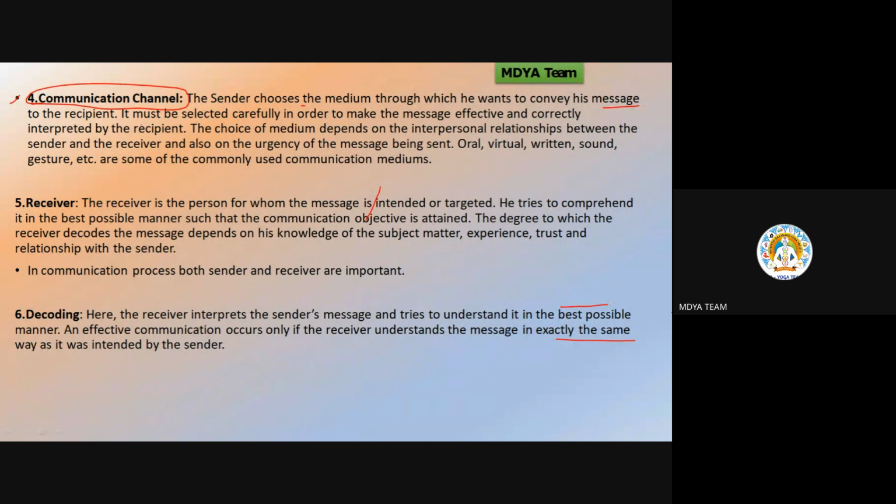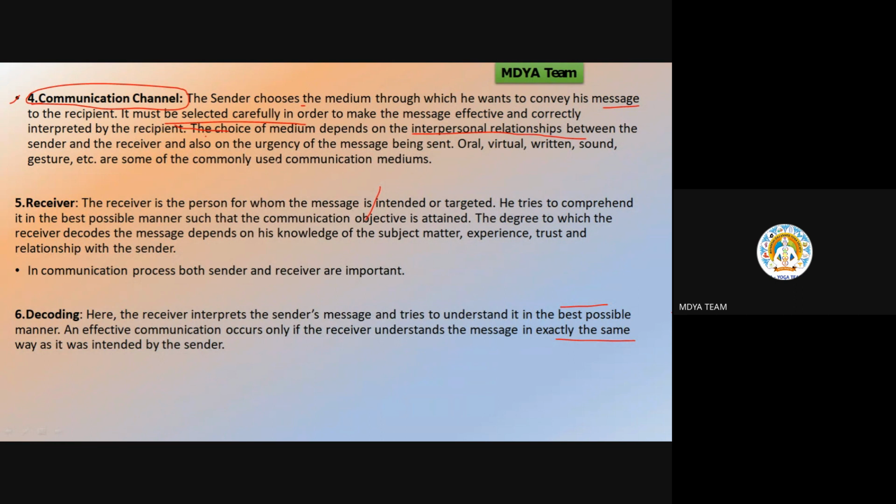It must be selected carefully in order to make the message effective and correctly interpreted by the recipient. The choice of medium depends on the interpersonal relationship between the sender and the receiver, and also the urgency of the message being sent.